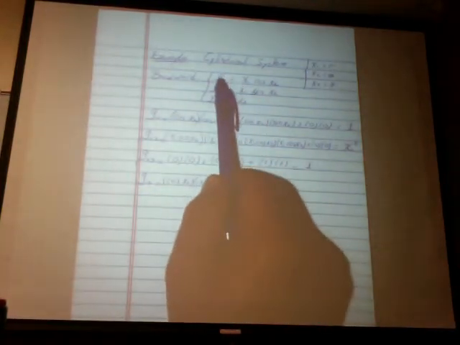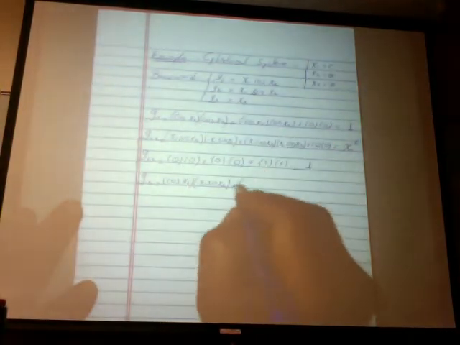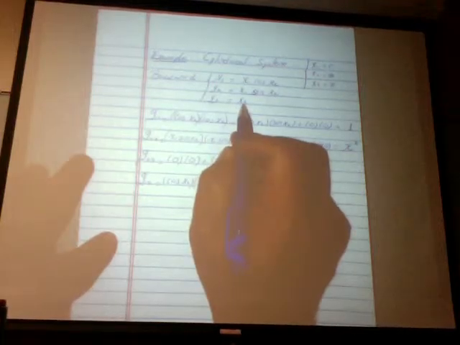It will be the differential of y1 with respect to x1 and the differential of y1 with respect to x2, plus the differential of y2 with respect to x1, which would be the sine of x2, times the differential of y2 with respect to x2, x1, and then with respect to x2, it would be x1 times the cosine of x2. And then the differential of y3 with respect to x1 is 0, and with respect to x2 it's also 0.